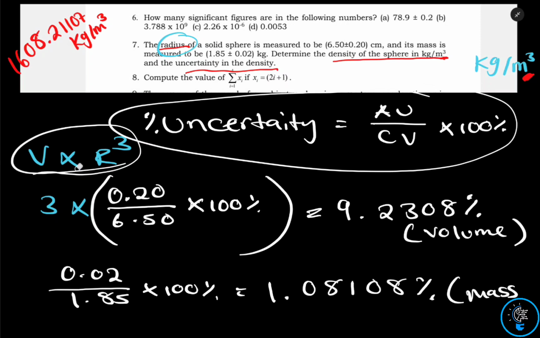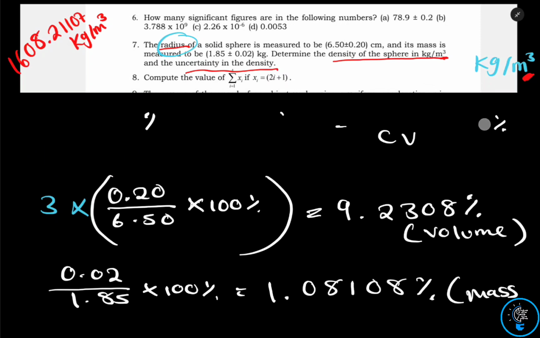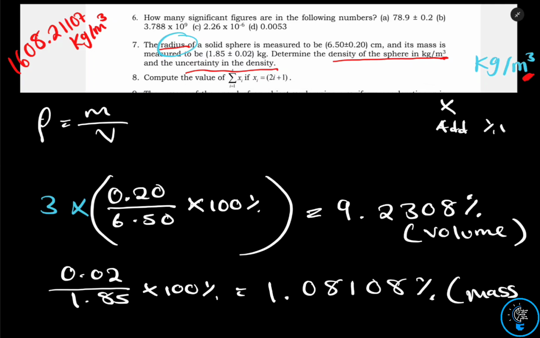Okay, now to find the uncertainty for density, we need to look at the formula. So density is given by mass over volume. And remember what I said, multiplication, you do what? You add the percentage uncertainty. So for multiplication, you add, as well as for division. So if you're dealing with division or multiplication, you add the percentage uncertainties. I'm going to add the two because in our formula for density, there is division between mass and volume.